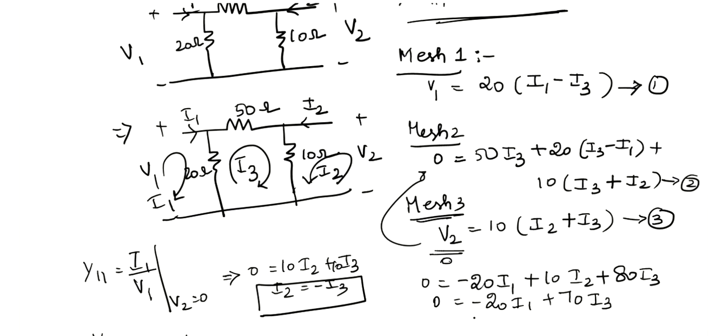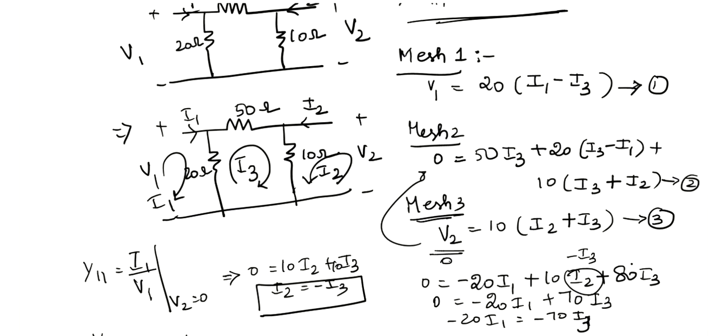Clear? So what is your equation you are finally getting? Minus 20 I1 plus 70 I3 equal to 0. Once again, you just cross check: in the place of I2, you substitute minus I3. It becomes minus 10. 80 minus 10, it becomes 70.